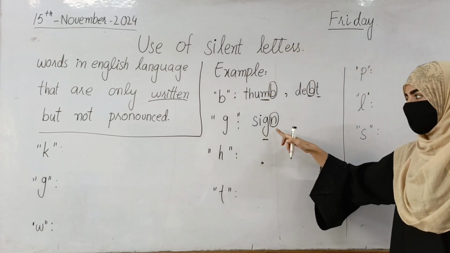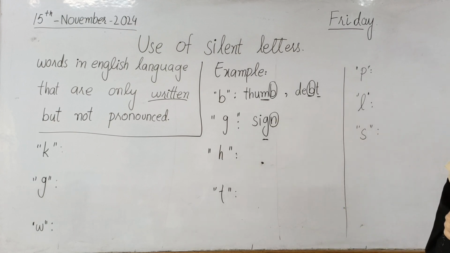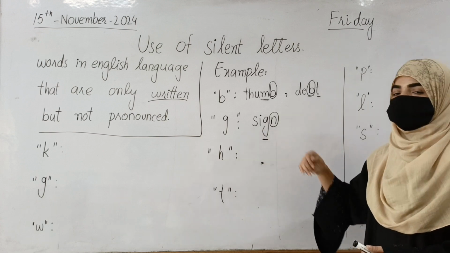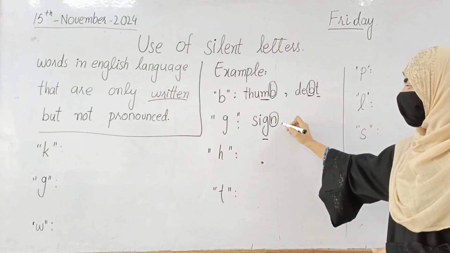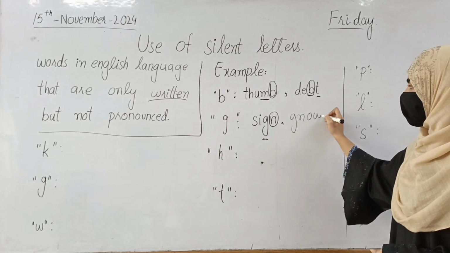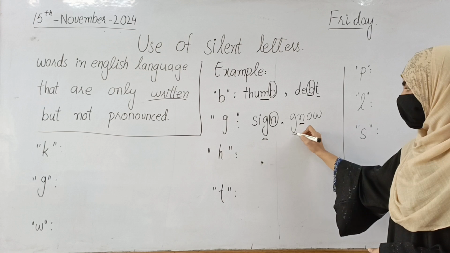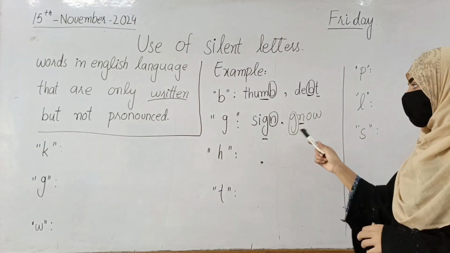You can see the G before N, and we pronounce it as "sine", not with the sound of G. It is pronounced S-I-N, and the G is silent. And we have another word, "no". You can see the N and G here. It is pronounced as "no", while it is written as G-N-O-W.